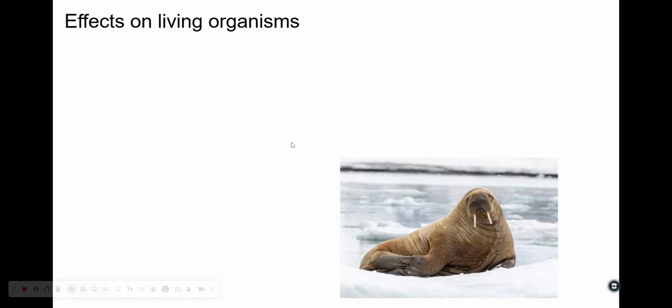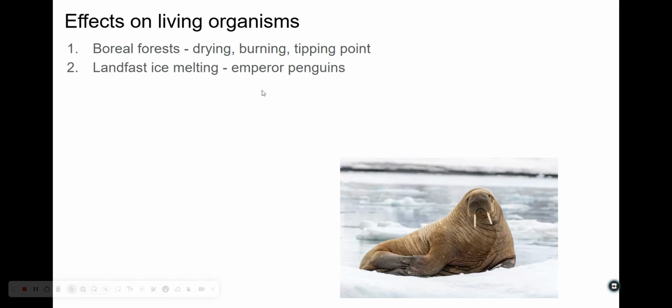All right, so what are the effects on living organisms? That's the greatest picture ever. All right, boreal forests. So the boreal forest is drying up, and then it's burning, and it's reaching a tipping point. And so as it dries out, it becomes more susceptible to flames, and then it lights even more.